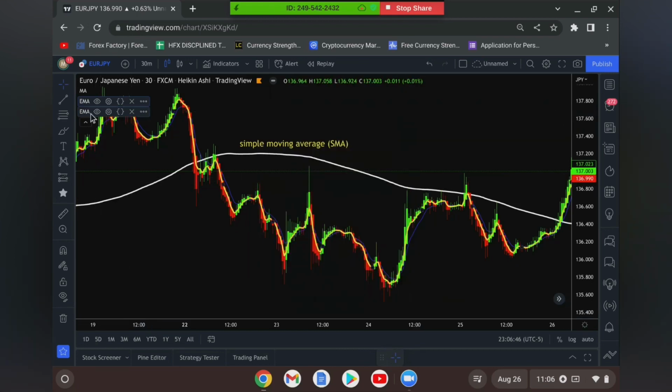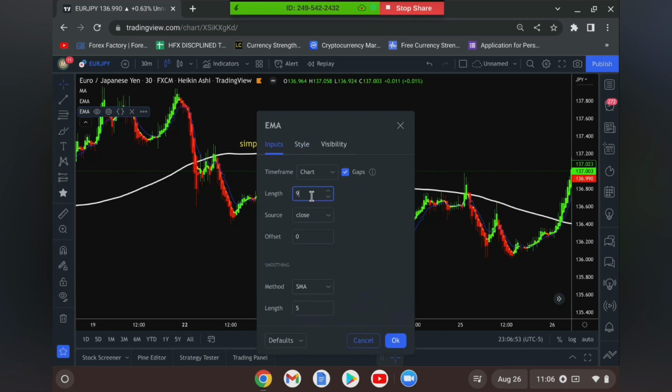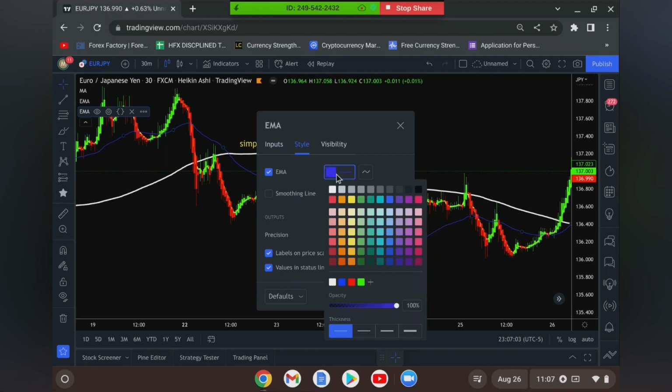Now for the second exponential moving average, I'm going to change the length to 50. And then I am going to change the color of it to orange, and I'm just going to edit the thickness as well.